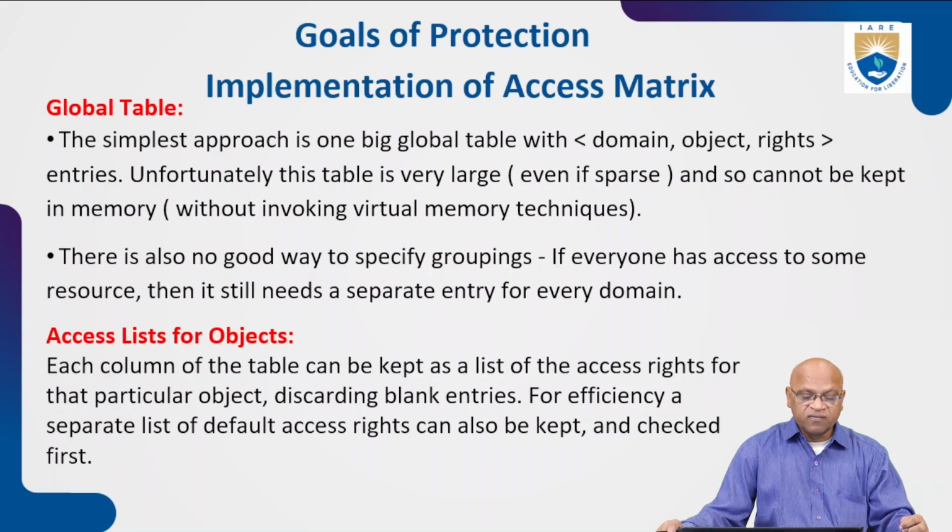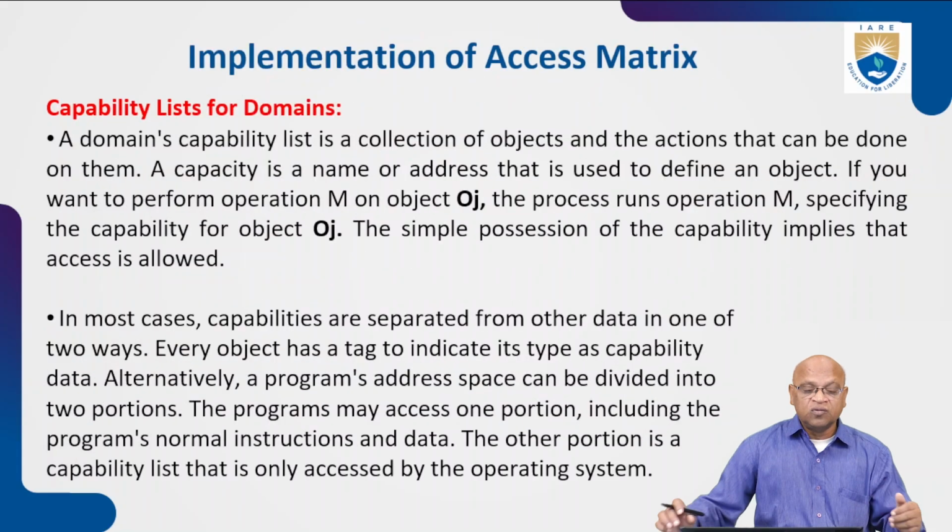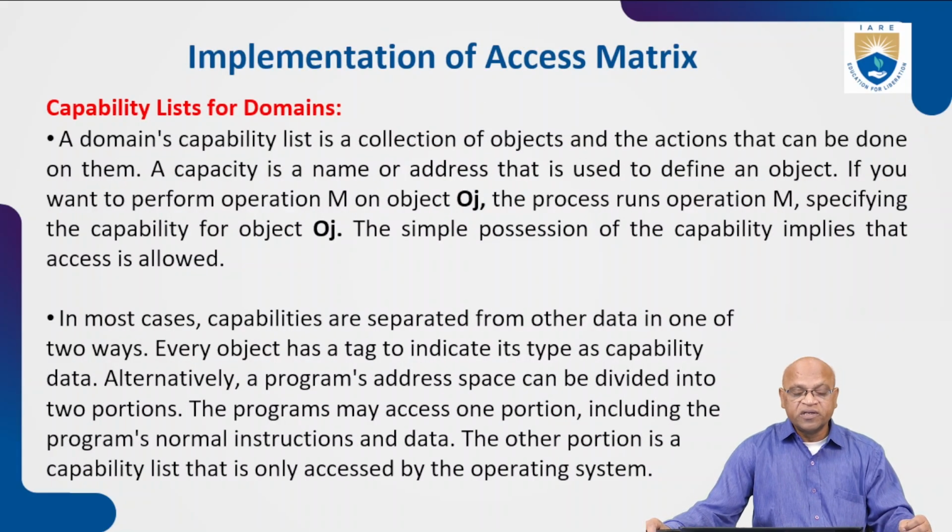So, the access list for objects. Each column of the table can be kept as a list of the access rights for that particular object, discarding blank entries. For efficiency, a separate list of default access rights can also be kept and checked first. Next, the capability list for domains. A domain's capability list is a collection of objects and the actions that can be done on them.